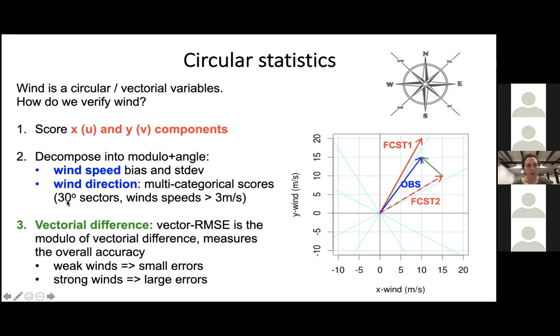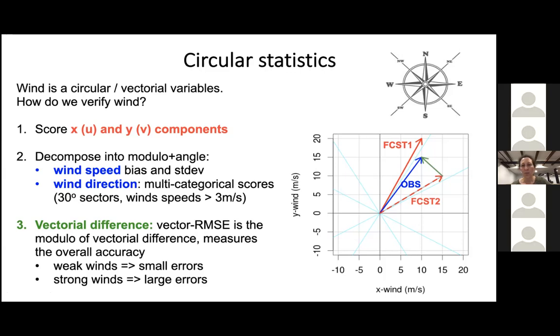What I like to do is use the vectorial difference, or the vector root mean squared error, which is this green vector here. This is the modulus, so the length of this vector, which is the difference between the observed and the forecast winds.